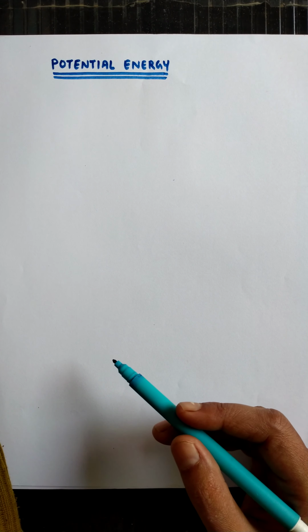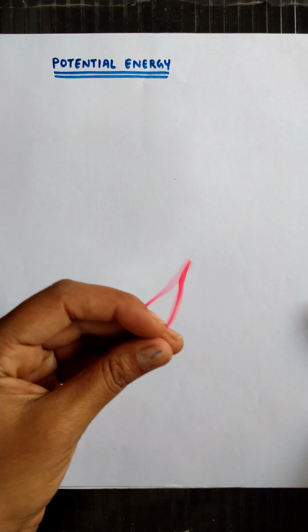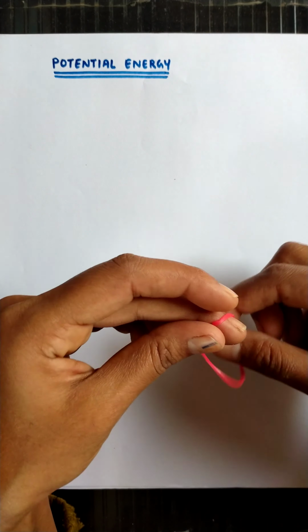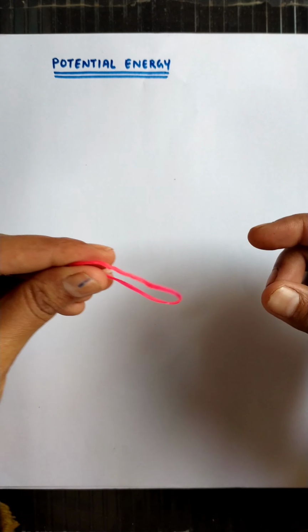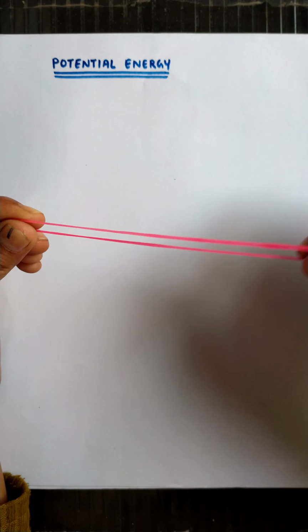इसको हम समझ भी सकते हैं कुछ एग्जाम्पल्स की हेल्प से. Like if we are having a rubber band like this. So students, initially we are having a rubber band. I have held it from one hand and now I am going to pull it from the other hand.